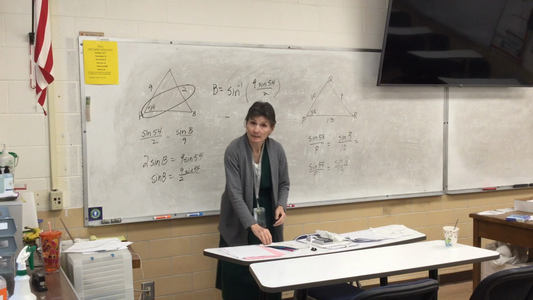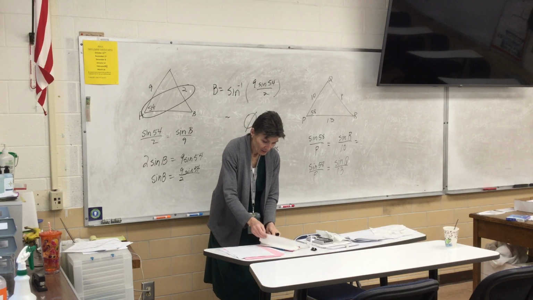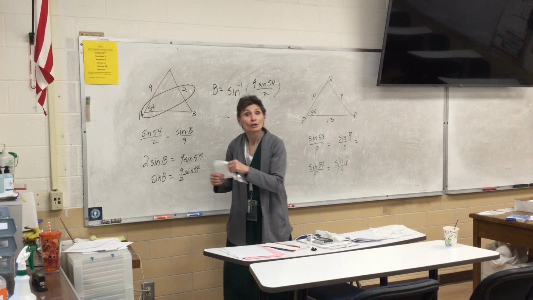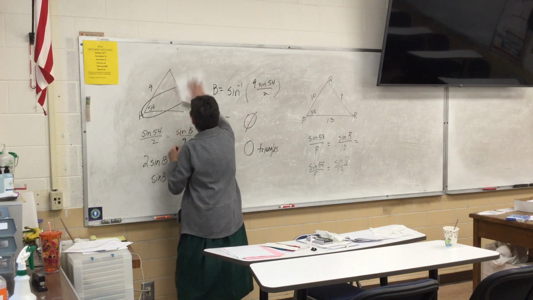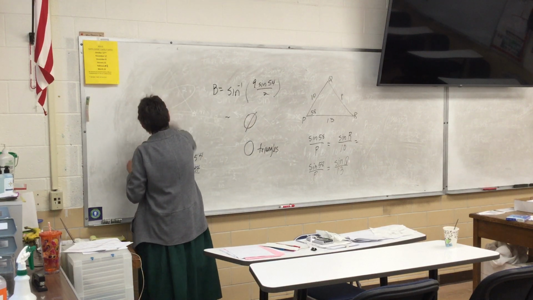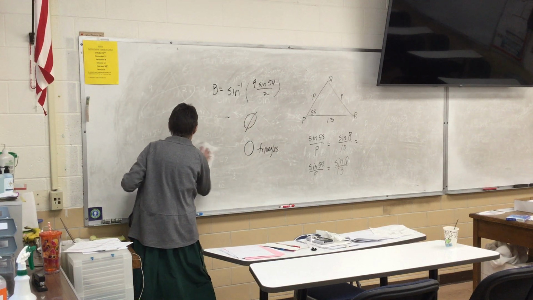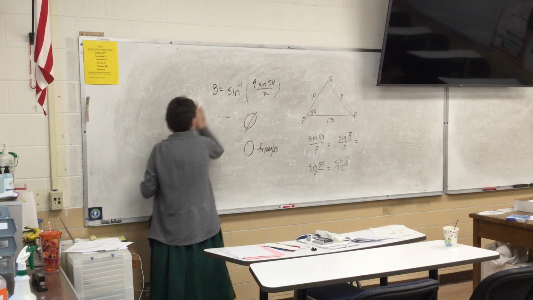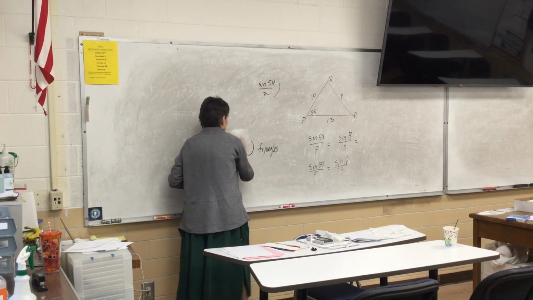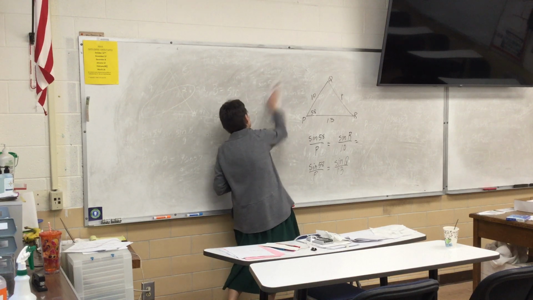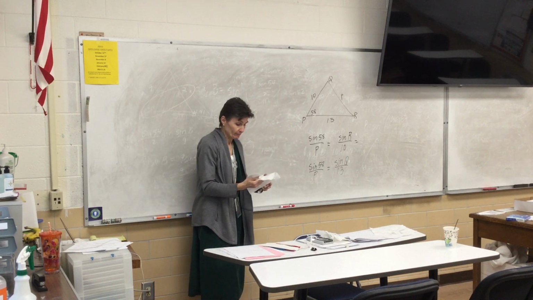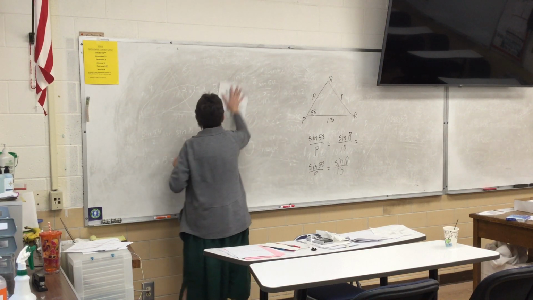So, luckily for us, there's something called the law of cosines. Now, I'm going to put the formula for the law of cosines on the board. But there's 3 versions of it. It's long and ugly.